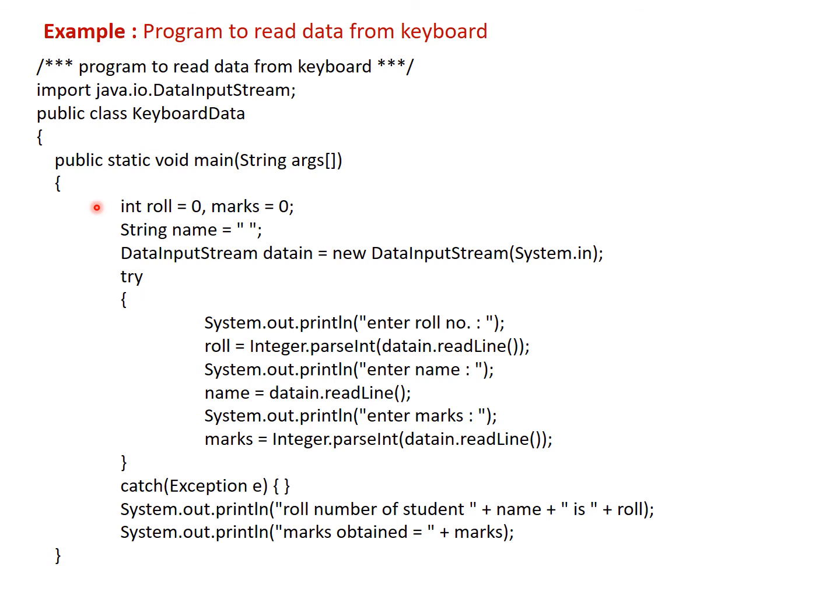Then one string variable called name. After this, we declare one more variable, that is dataIn of type DataInputStream, and we try to enter the values of roll, name and marks, and after this we display all these values on the screen by using System.out.println.